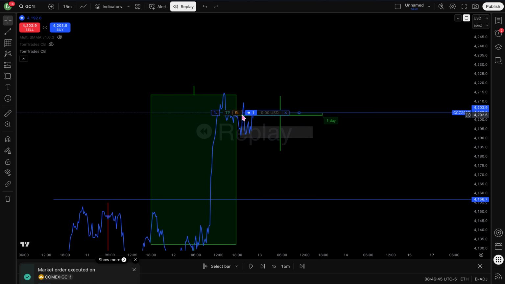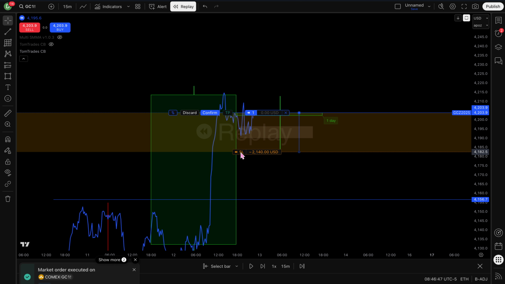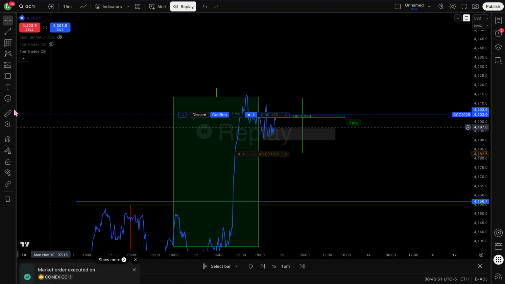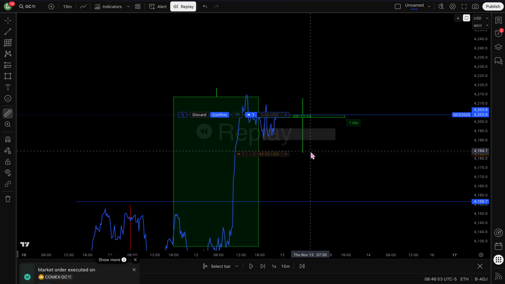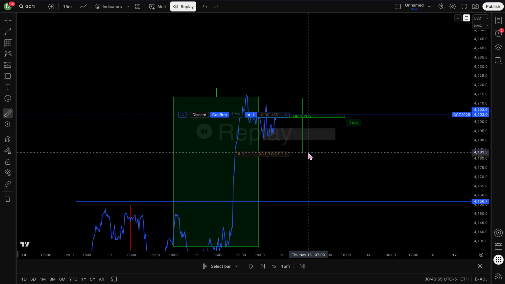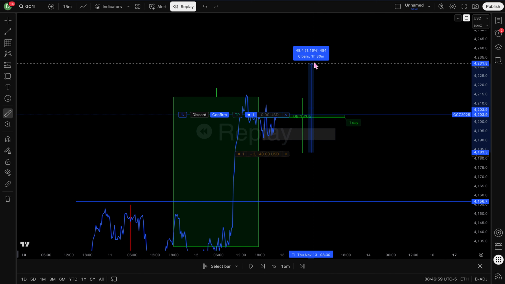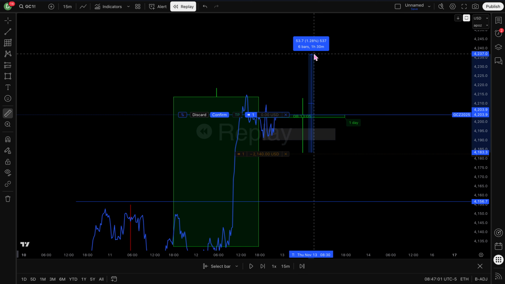So entry's gonna be here, and then the stop loss is gonna be at the low of this wick right here. And then I'm gonna target at least about 1.30% from the low. So I'll take the low, put my measuring tool, and 1.30% is about around this range.